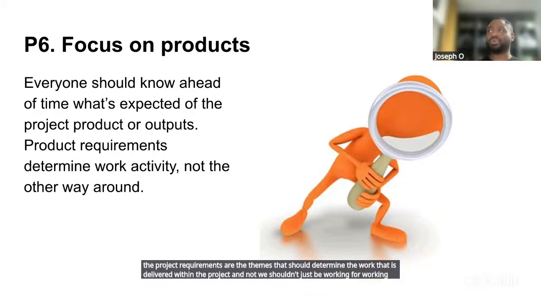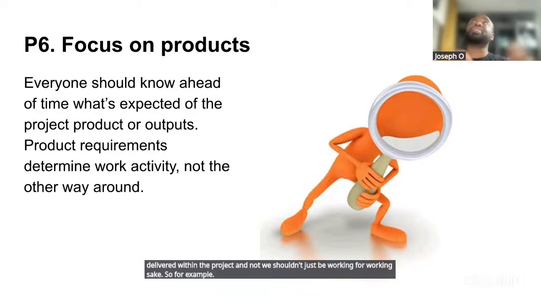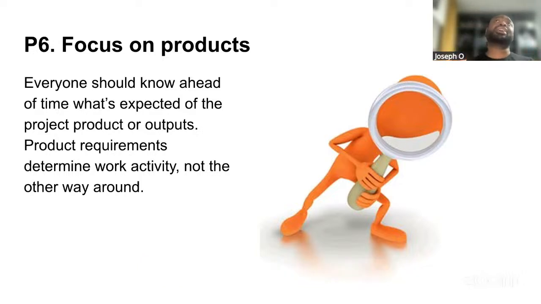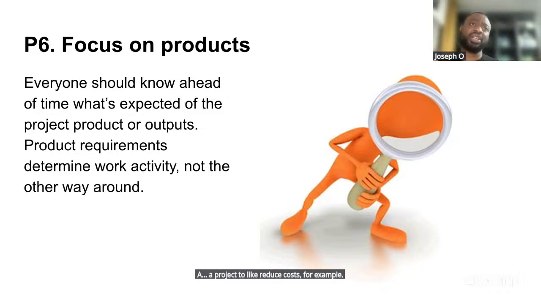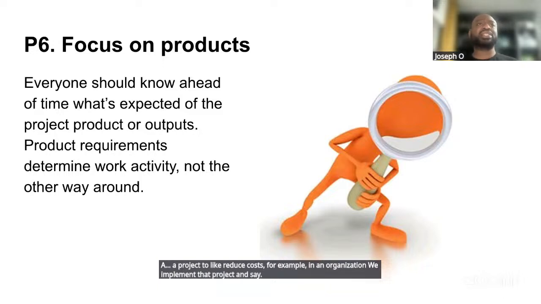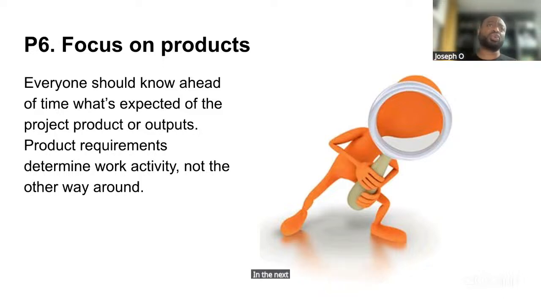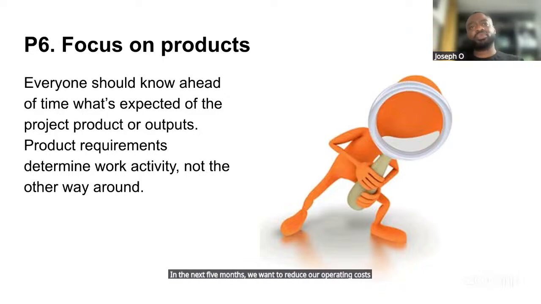So for example, a project to reduce costs in an organization. We implement that project and say, in the next 5 months, we want to reduce our operating cost by 10%.